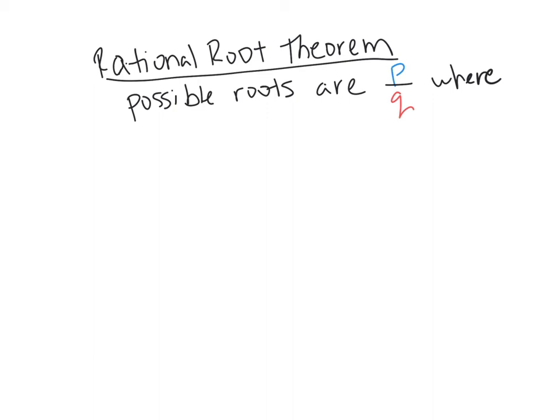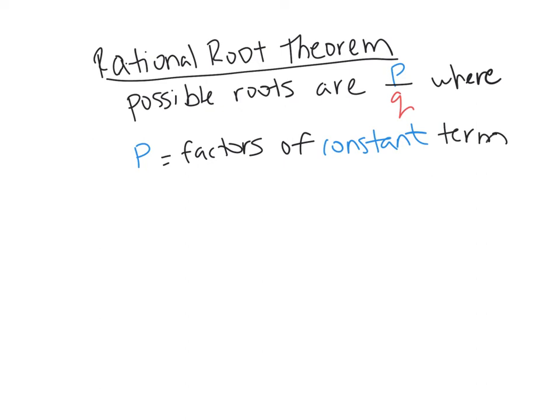Our numerator, which we're going to call p, is going to be factors of the constant term, so your ending term. And your denominator q is going to be factors of the leading coefficient.